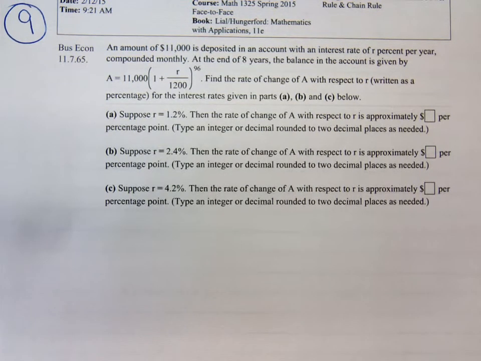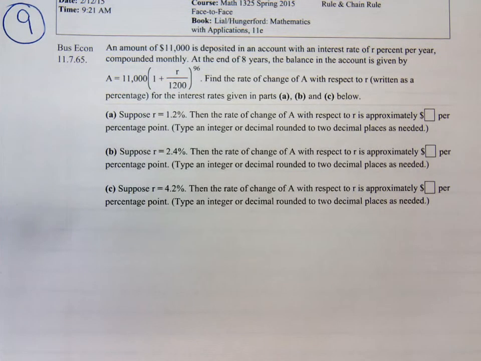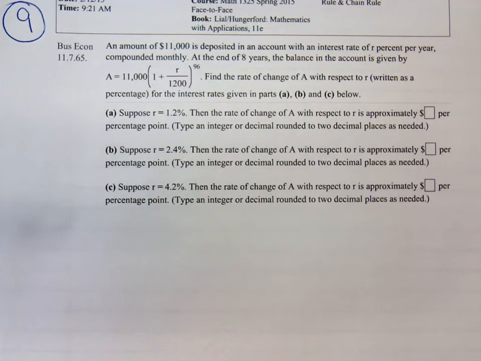At the end of 8 years, the balance in the account is given by this little formula. Find the rate of change of A with respect to R, written as a percentage, for the interest rates given in parts A, B, and C. The rate of change, what does that mean? What are we going to have to do to find the rate of change? Find the derivative. And they've given us this function.